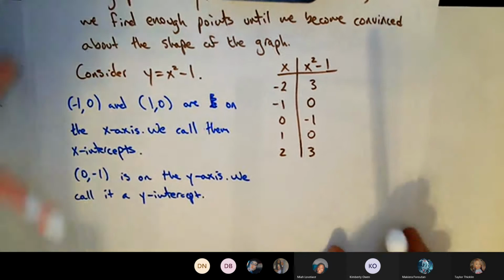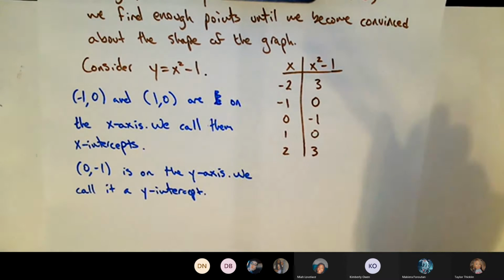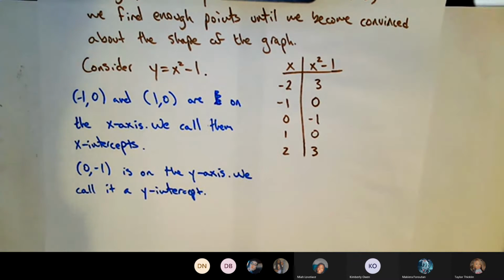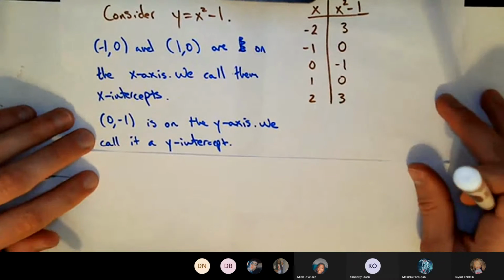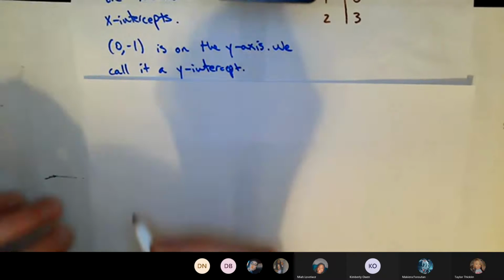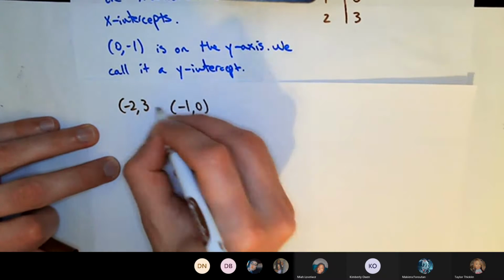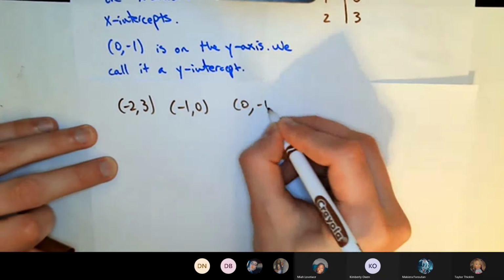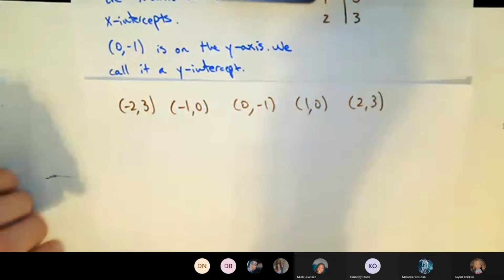The point is we're trying to get enough points until we can become convinced about the shape of this y equals x squared minus 1 graph. So let's see if these are enough points. The points that I have are (-2, 3), (-1, 0), (0, -1), (1, 0), and (2, 3).